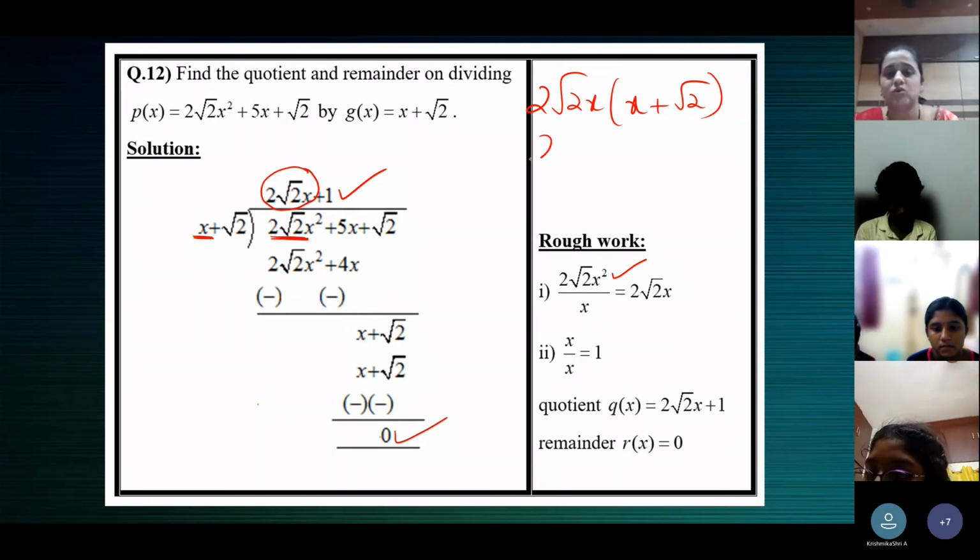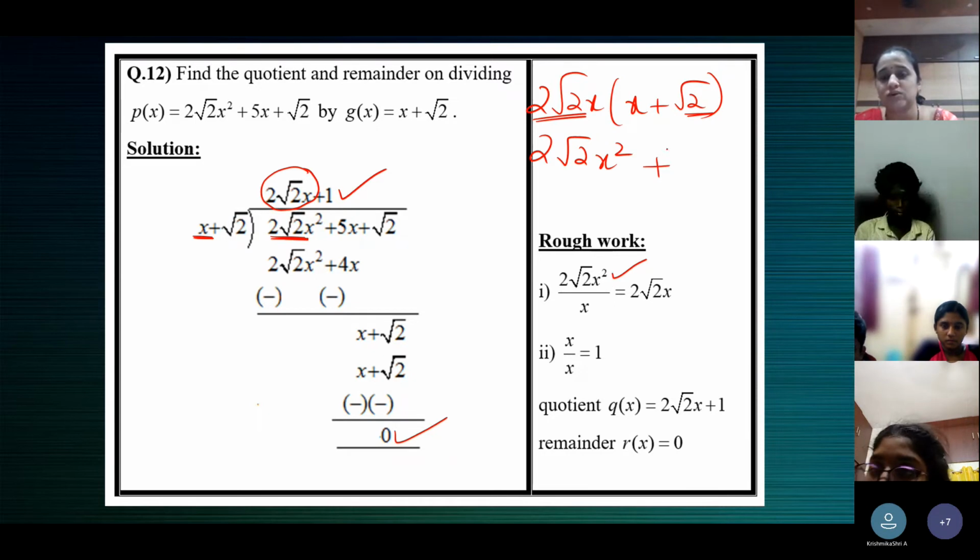So what do we get? 2 root 2 x square plus, when you multiply 2 root 2 x and root 2, root 2 into root 2 is 2, and 2 into 2 is 4, 4x. So that's what you'll have to write here, 2 root 2 x squared plus 4x. As always, change the signs.